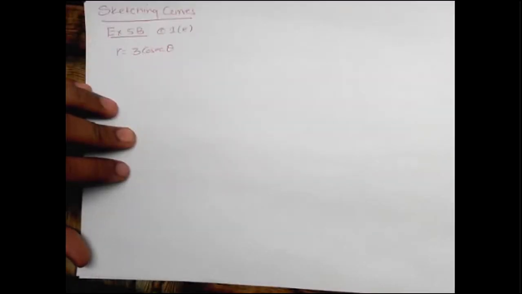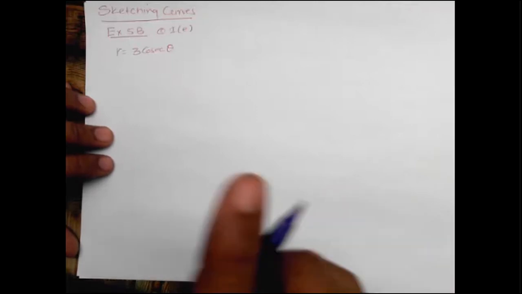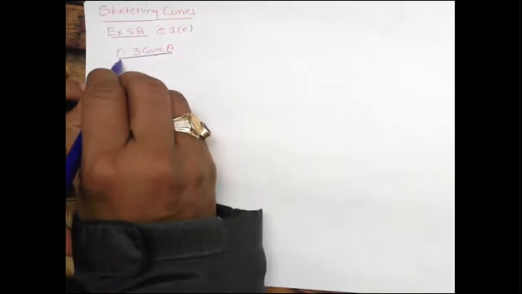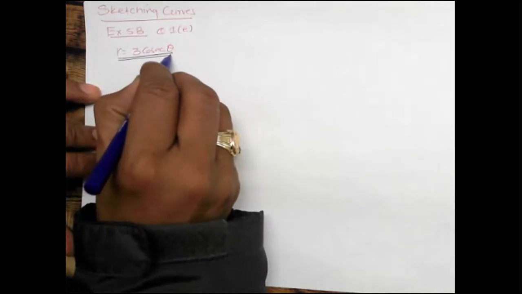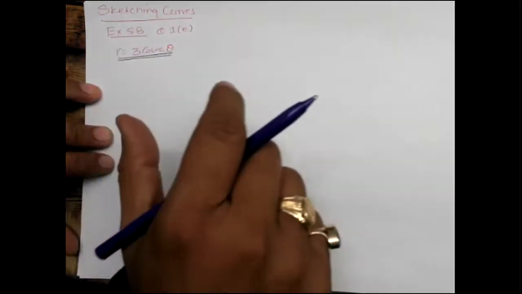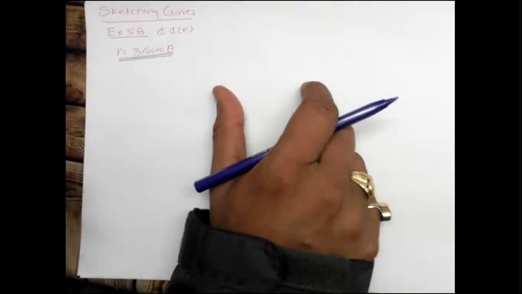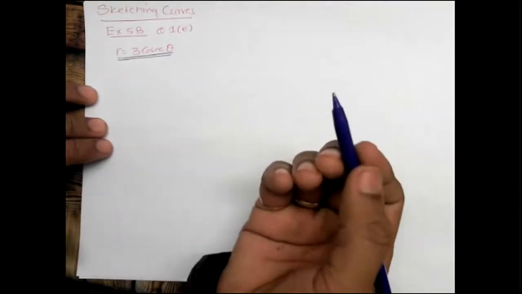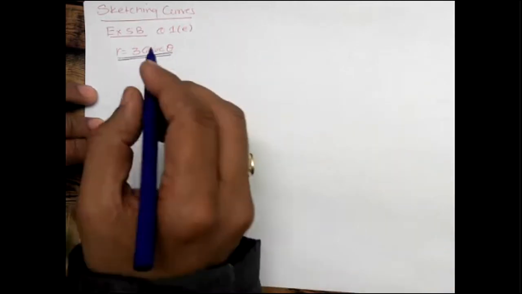All right, like I said, we're going to be doing questions now, guys. This is my first question: r equals 3 cosec theta. I'd be tempted to draw the table of values, but before that, let me see if this is simple.